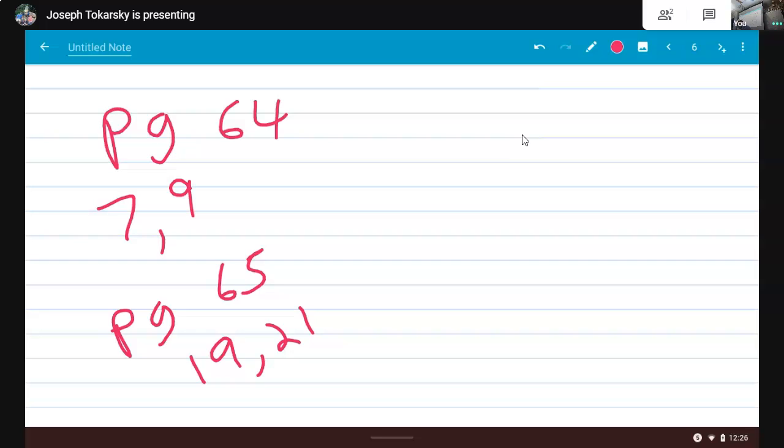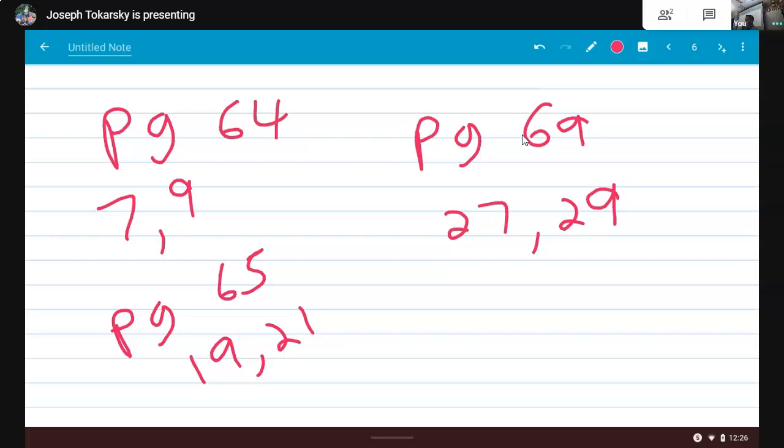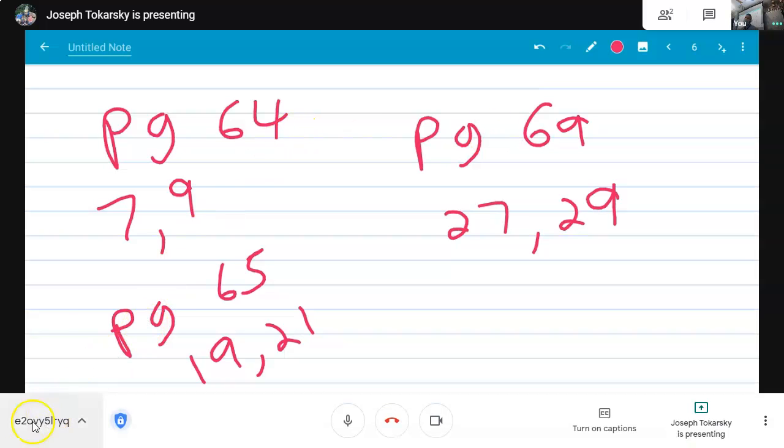And page 69 again, two odds we didn't do on that, 27 and 21. There's 6 of them. Start them now. Hopefully we'll get over them pretty quick tomorrow because we already went over a set of stuff.